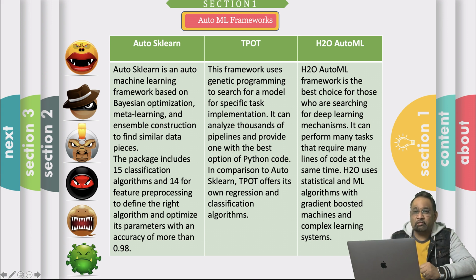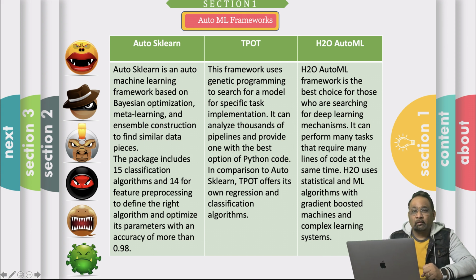The package includes 15 algorithms for classification and 14 for feature preprocessing to define the right algorithm and optimize its parameters with an accuracy of more than 0.98. Auto-sklearn works well for small and medium datasets. However, it doesn't provide enough scalability for large datasets, hence it is not suitable for a large-scale production pipeline.